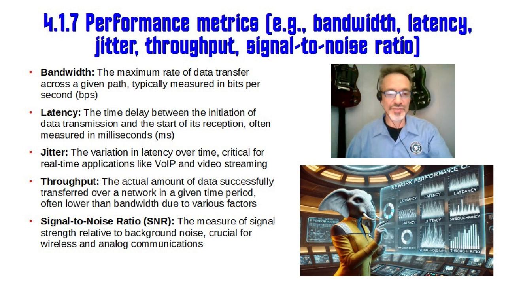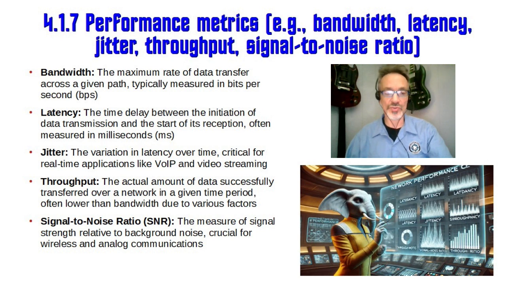Jitter. Jitter is the variation in latency, which can be especially problematic for applications requiring a constant stream of data, like watching videos. Throughput is the actual amount of data successfully transmitted over a network and is typically less than your bandwidth due to network congestion and other errors or protocol overhead.